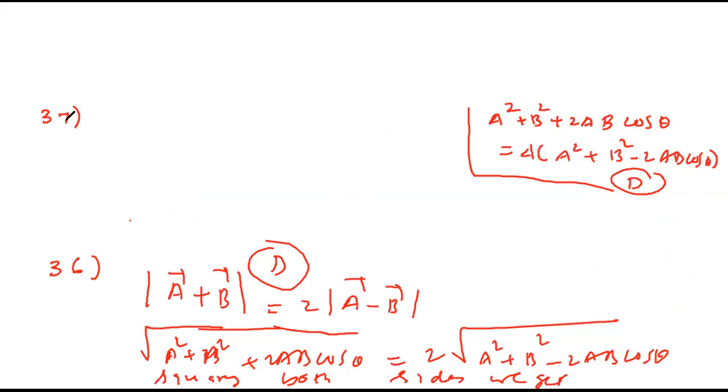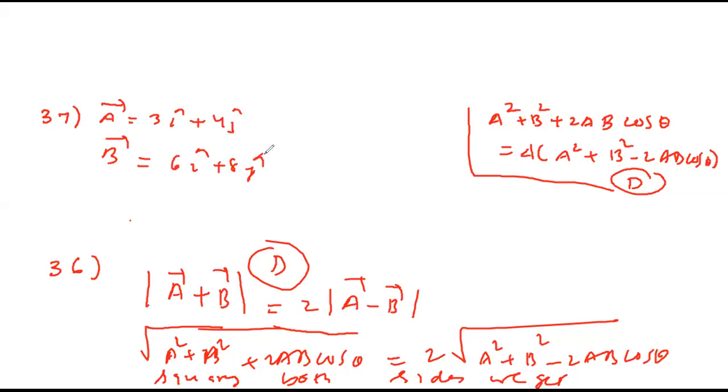Next sum. If A is given, B is given, which of the following statements is correct? A bar equals 3i cap plus 4j cap, and B bar is 6i cap plus 8j cap. Then which is correct?